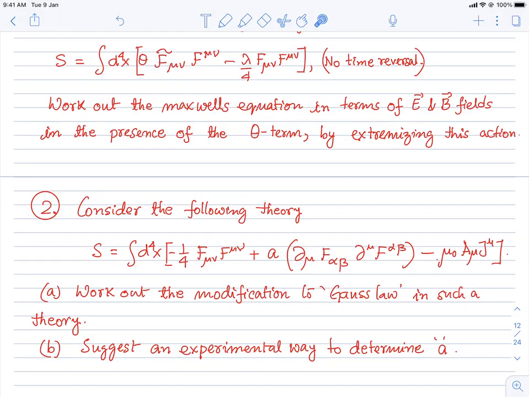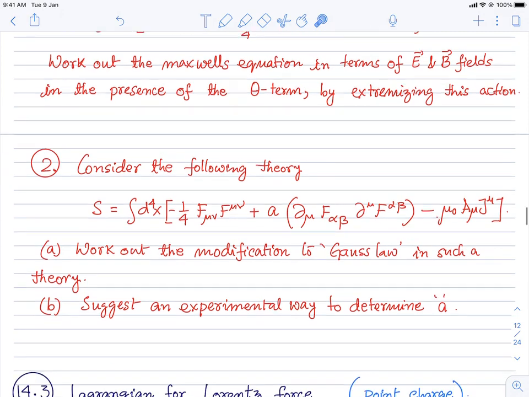Once you see the modification of Gauss law, I would like you to come up with an experimental way to determine the value of this A. Can you determine this value of A given how this term modifies the Gauss law? This is an interesting exercise. You can suggest some experiment to constrain a term like this. So this I am leaving as an exercise for you to do.